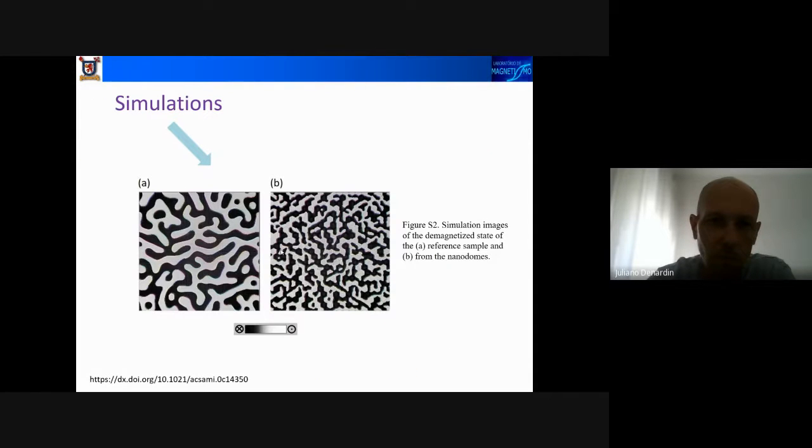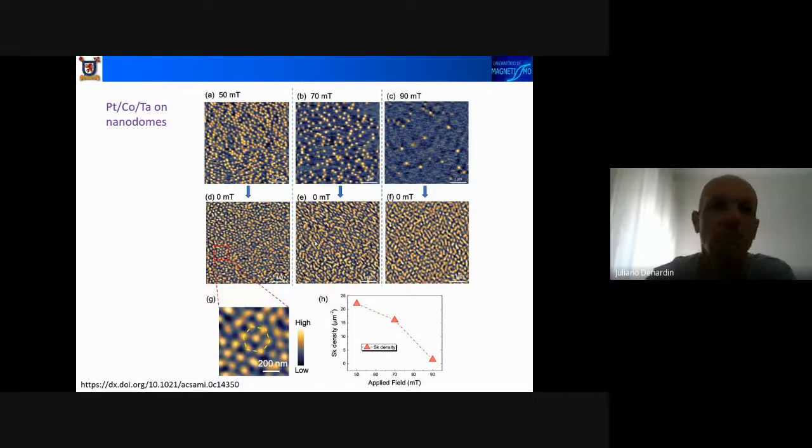And we did some simulation. The simulation agreed very well with the experimental image. This is the simulation of the continuous film, and this is the simulation for the nanodomes, and we can see the same behavior as in the experimental MFM images.